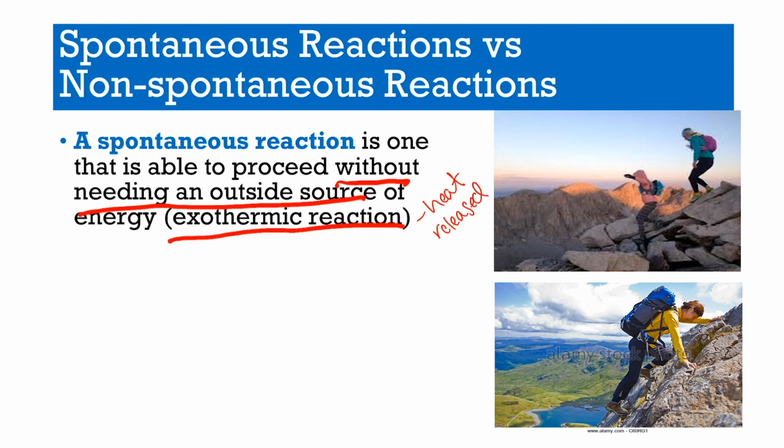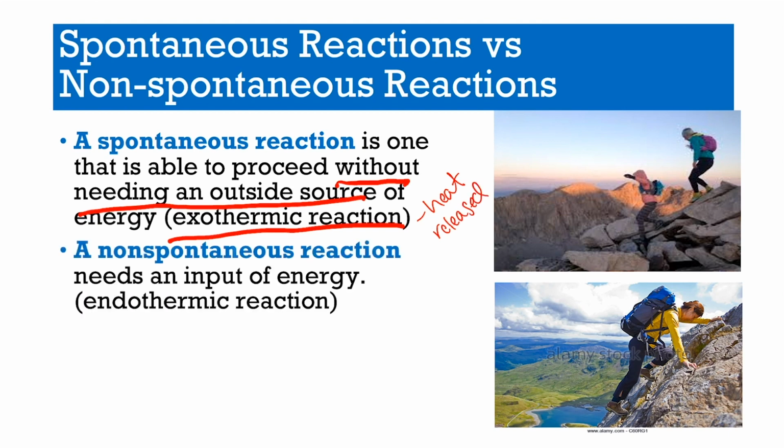Now, a non-spontaneous reaction needs an input of energy. It is an endothermic reaction, where heat is absorbed. So if we're looking at an endothermic reaction, we're saying it's non-spontaneous because that reaction will not happen unless you give it that extra push of energy.